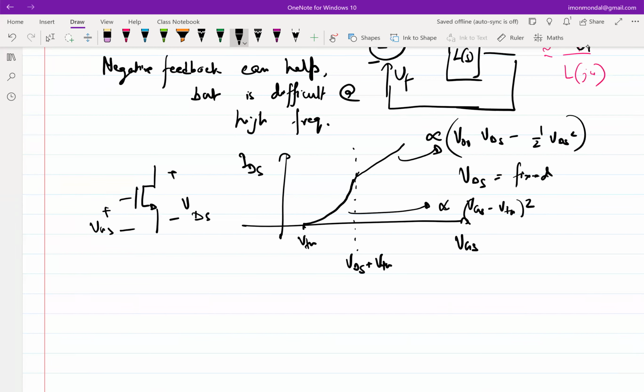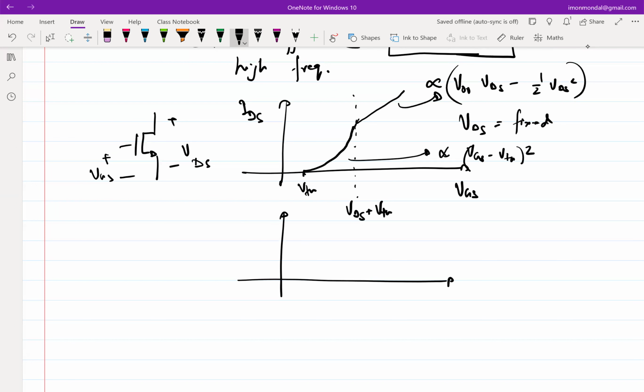So which essentially means that if I have to plot the GM, the first order derivative of this curve, what will this be to start off from VTH?